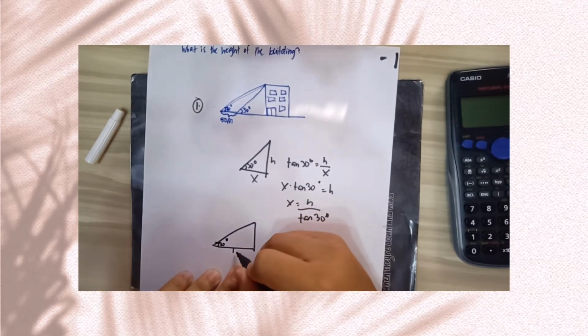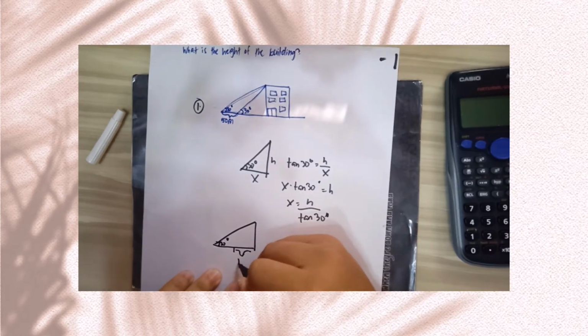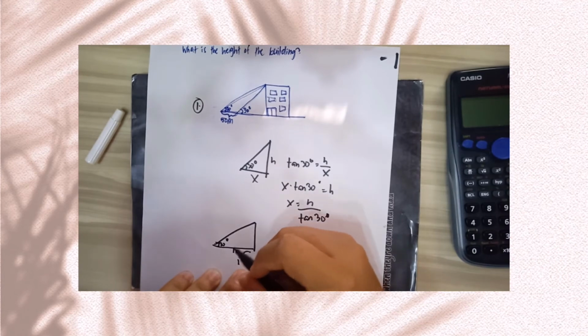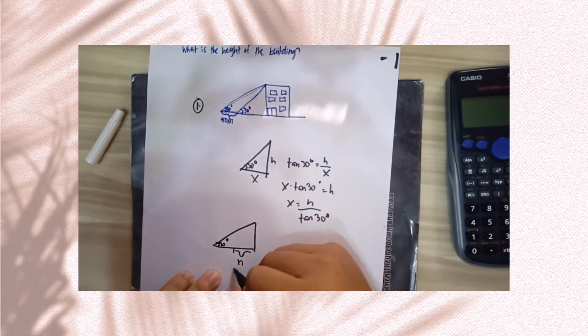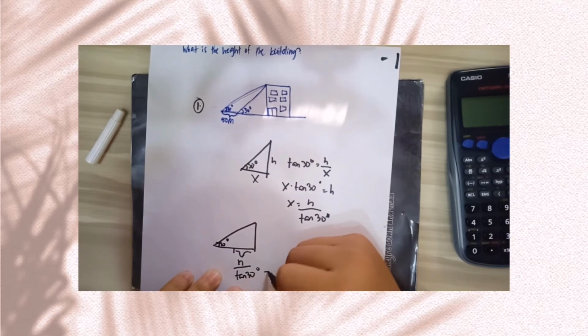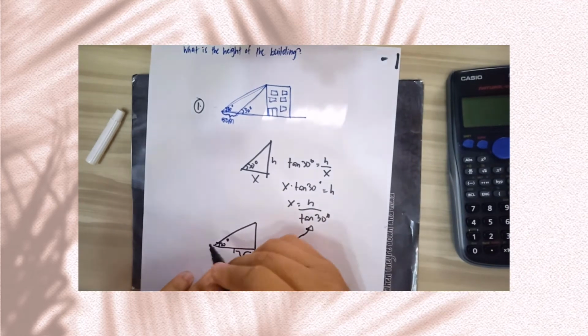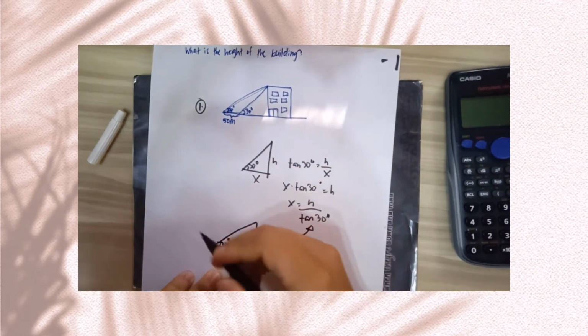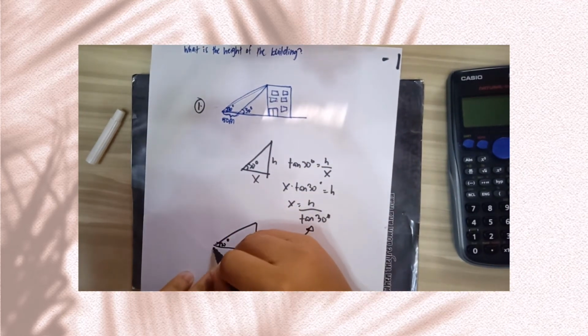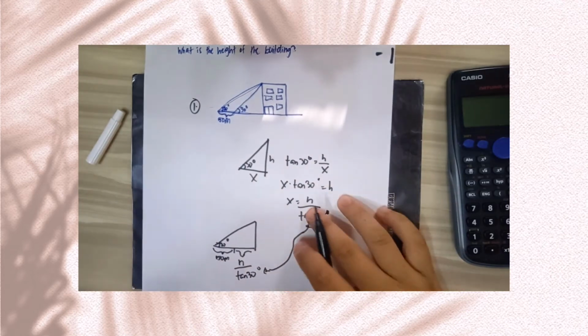And this part is a. This part is h over tan 30 degrees, which is here. And this part is from the given 50 meters.